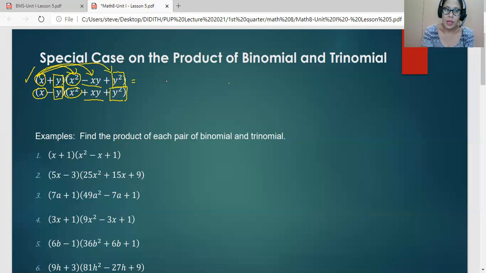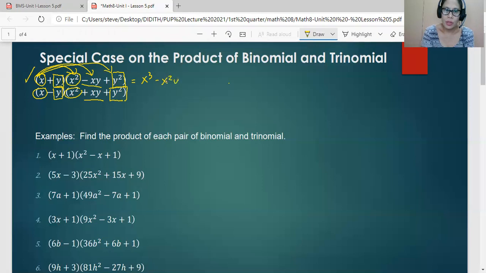So we have x times x squared here. We have x cubed, and then x times -xy, we have negative x squared y. And then x times y squared, we have xy squared.